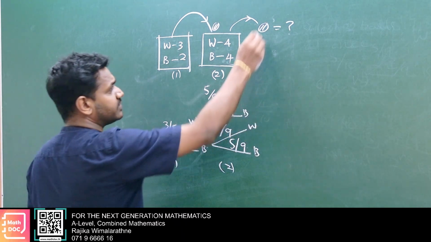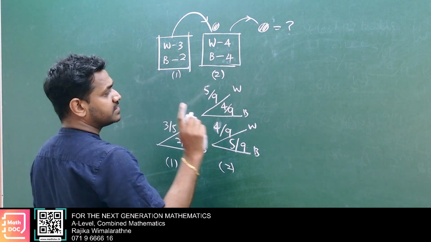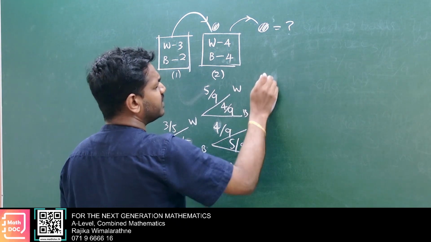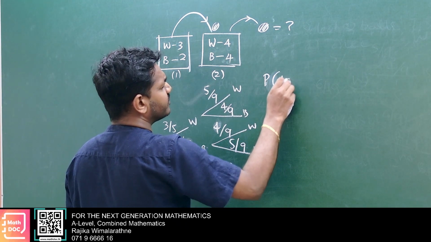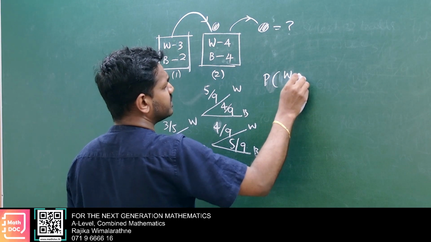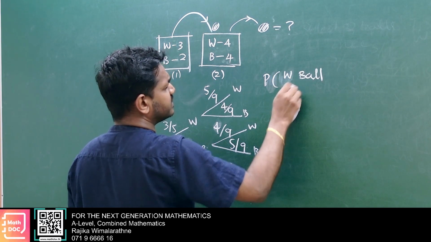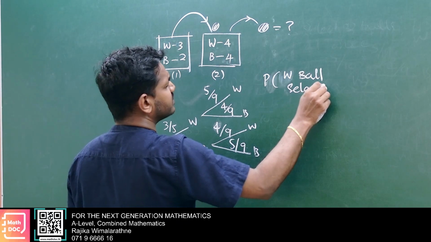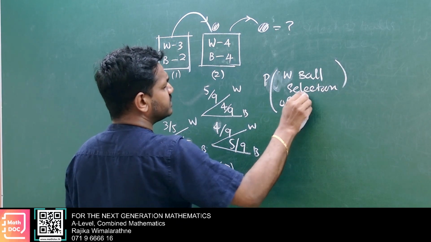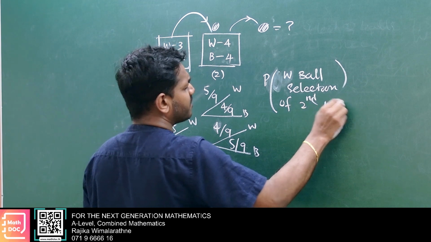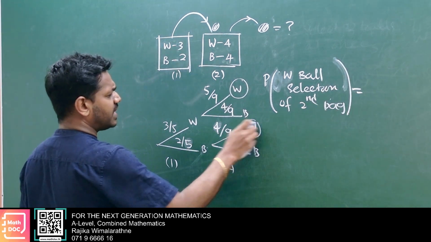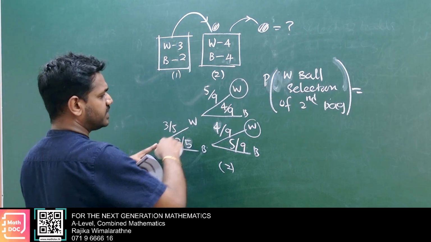So when you consider the last one, so final last P, white ball selection of second bag. Now you have to consider here we have 2 cases. Take this and take this.